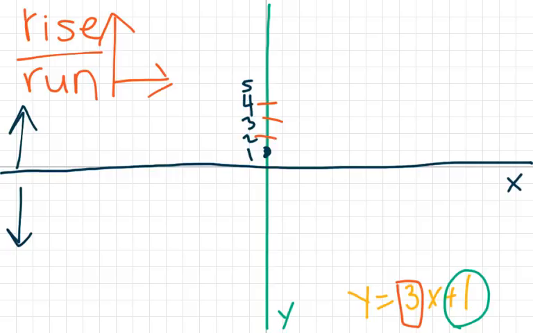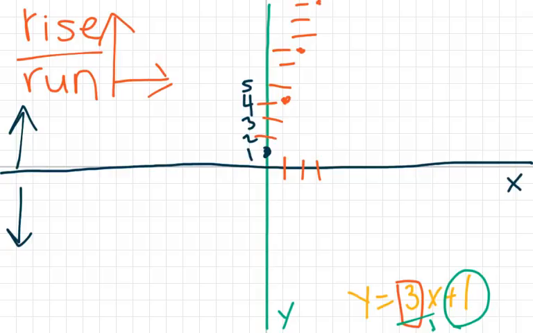So that means I have an imaginary 1 sitting underneath this 3. So I'm going to run 1, which is going to be right here on the x-axis, and I can plot another point here. I'm going to rise again, 1, 2, 3, and run 1 and plot another point. Again, 1, 2, 3, and run 1 and plot another point.